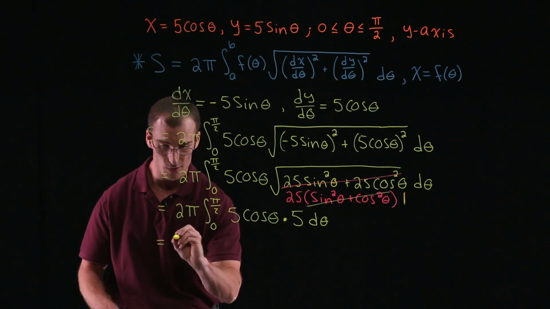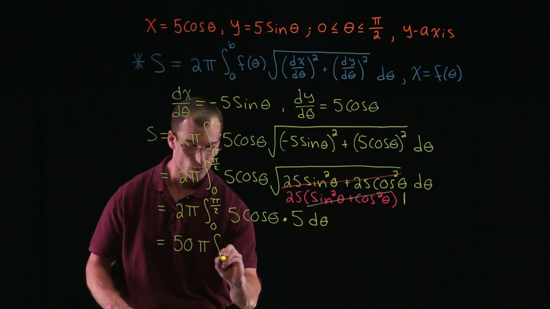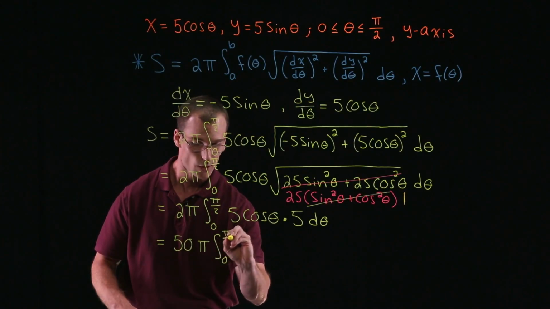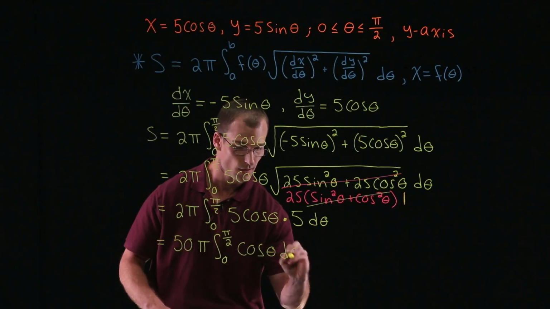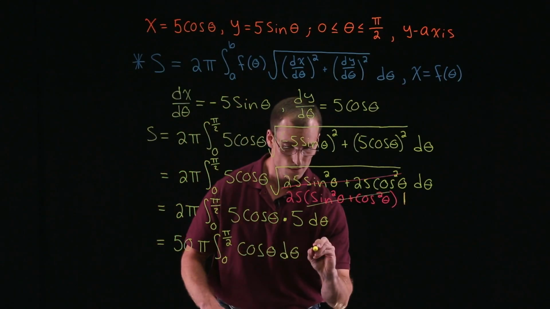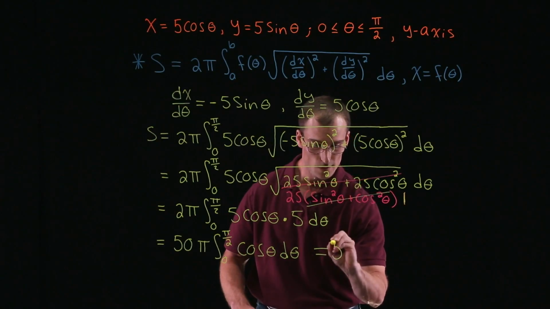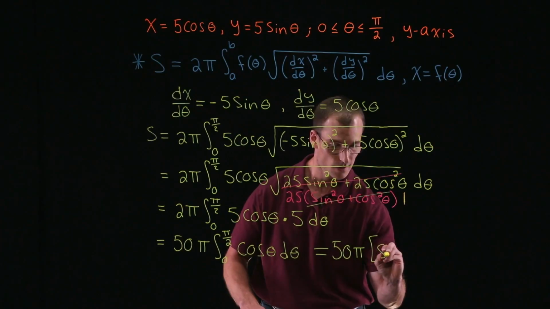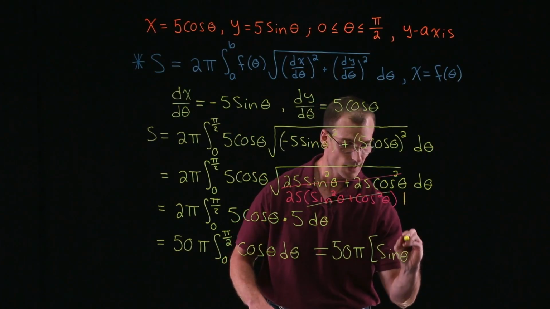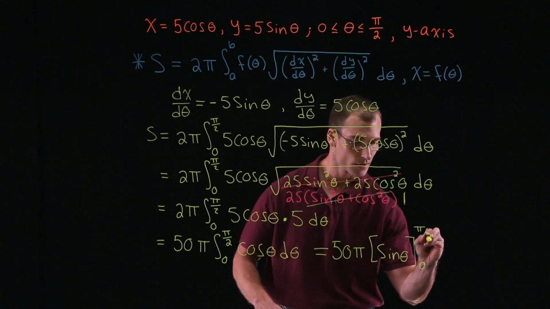So 25 times 2, we get 50 pi times the integral from 0 to pi over 2 of cosine theta d theta. Our antiderivative of cosine is sine, so this is going to be equal to 50 pi times sine of theta evaluated from 0 to pi over 2.